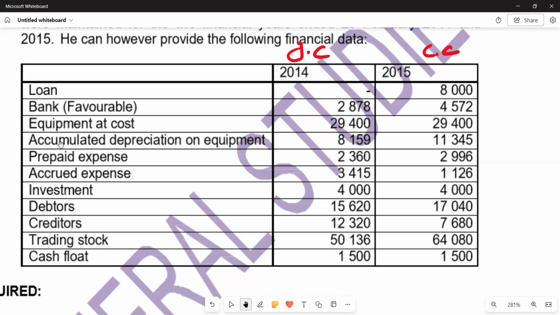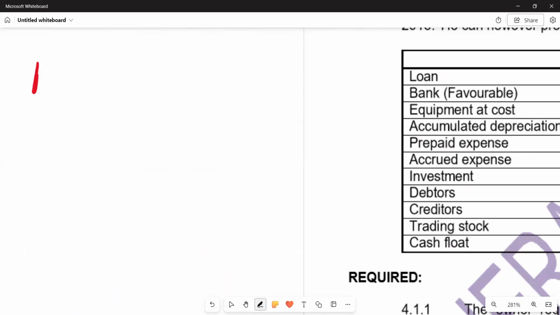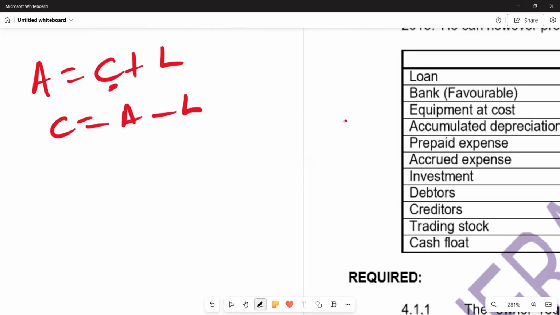Remember, we are going to employ the accounting equation, which says assets is equal to capital plus liabilities. So the figure for capital is the one that we want. So we make it the subject of the formula. It becomes capital is equal to assets minus liabilities. So basically, what we are going to do is list all the assets that we have in the list of balances, add them, and get the total.